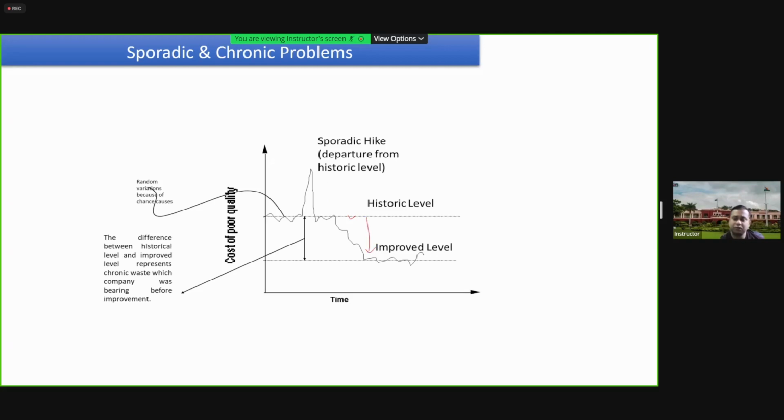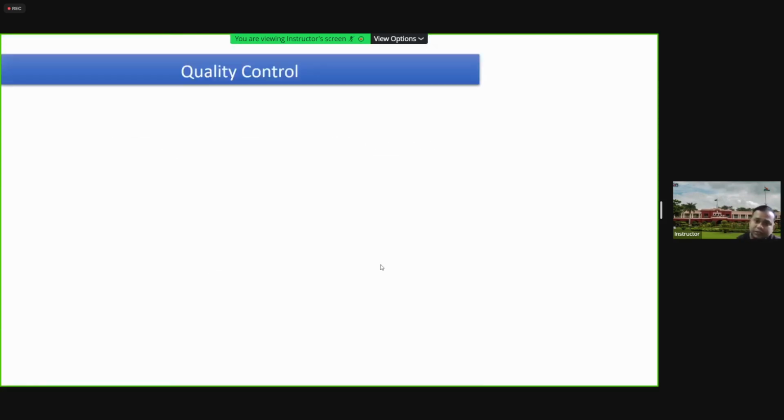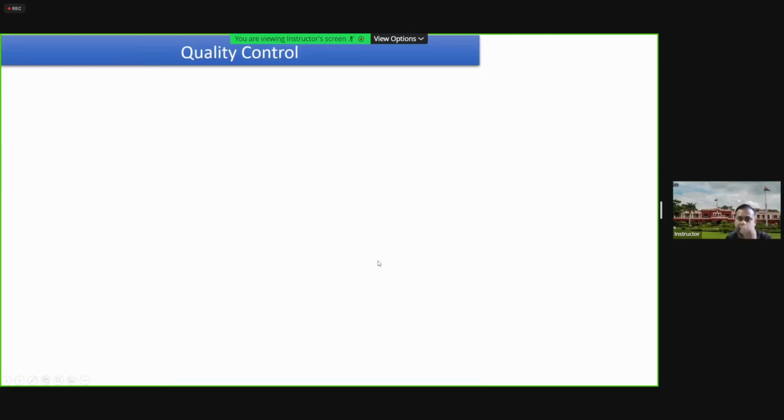That is the ultimate goal of any organization, that we now want improvement from the historic level or the chronic problems that have been there in the system, and we are not able to manage them properly for a very long time. So this is the first phase, or the first set of activities, in the Juran strategy.